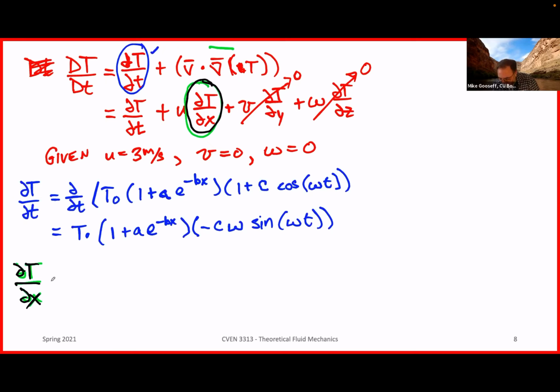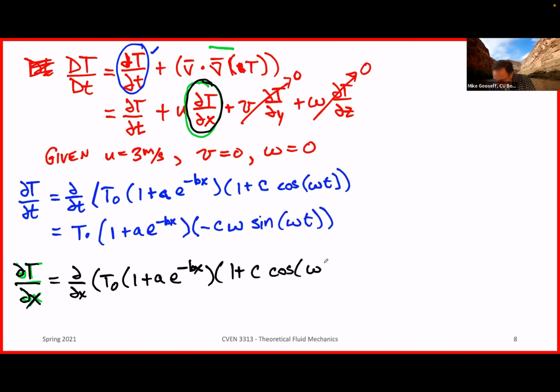It is equal to del X of T naught times 1 plus a e to the minus bx, where now this will obviously come into play for our derivative, and then we multiply by 1 plus c times the cosine of omega times t.